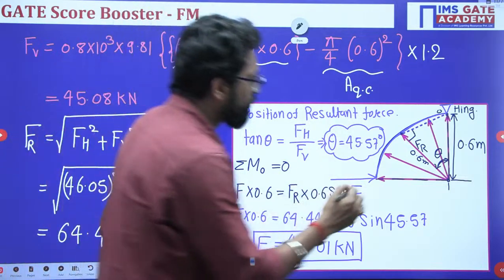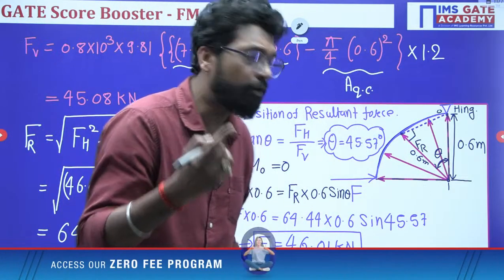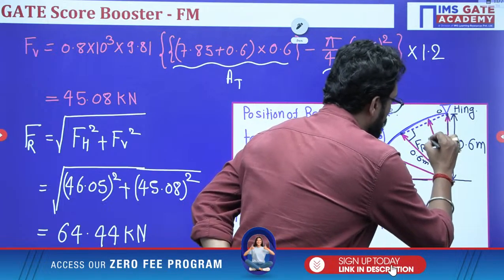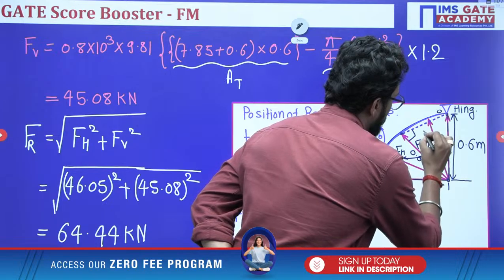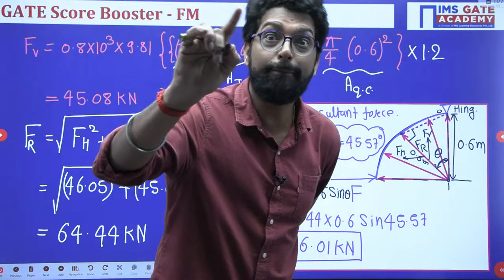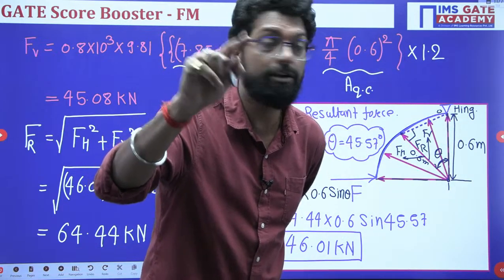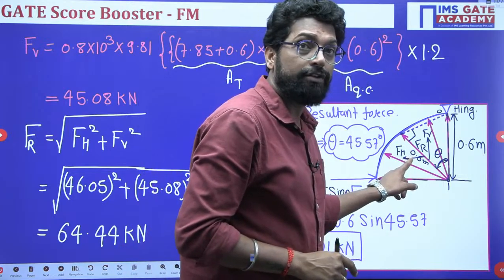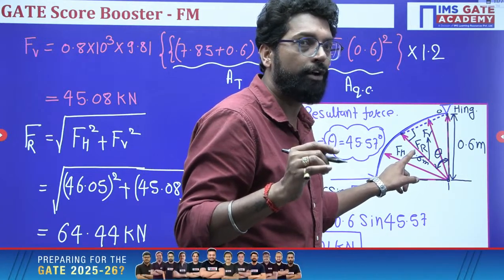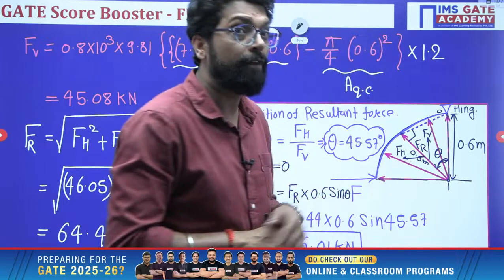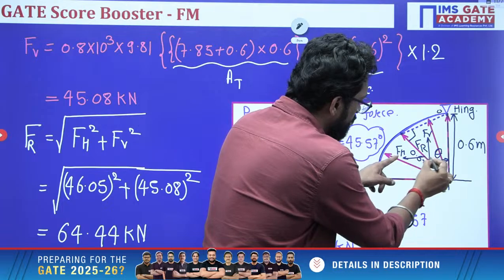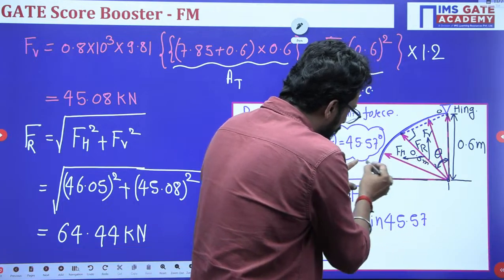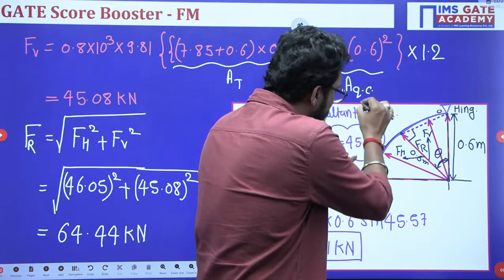If you decompose, let's suppose you are decomposing into vertical and horizontal, FH and FV, then there will be a problem. What is the problem? You have to find the horizontal force, and where will this horizontal force pass? Because you are taking this moment. What is the distance of this one?